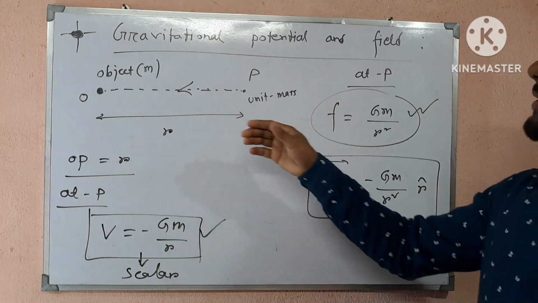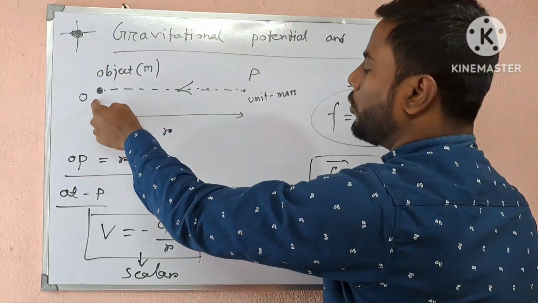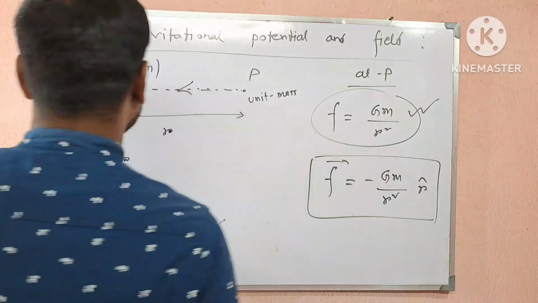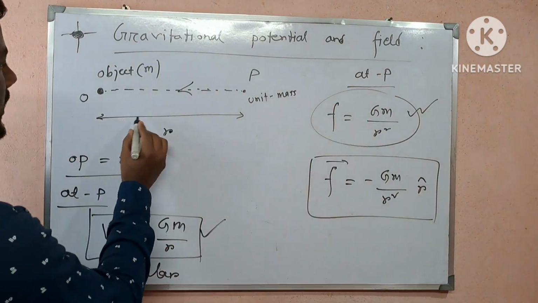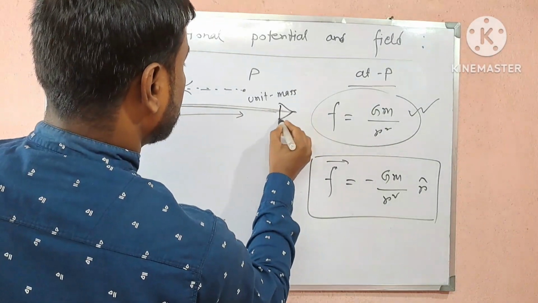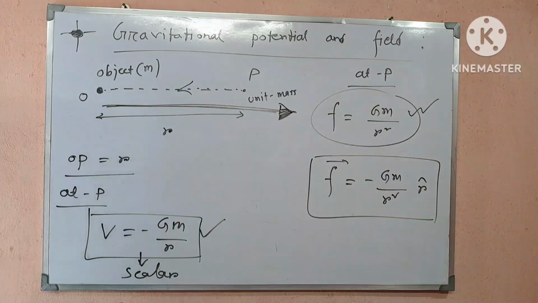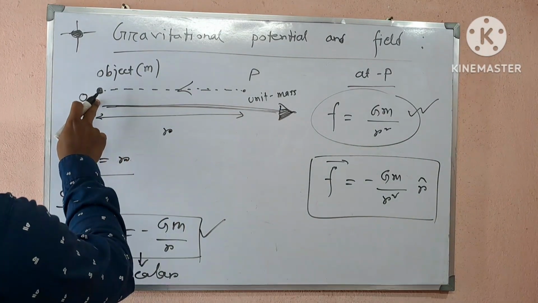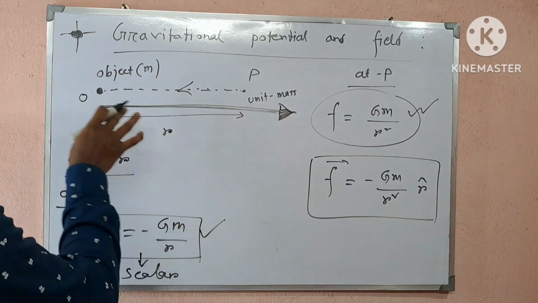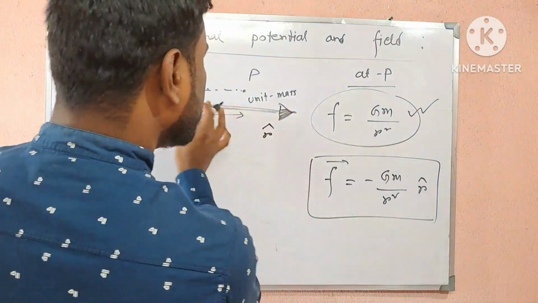And here the distance r is measured with respect to point O. So the direction of the r vector, OP, is this. This vector is r vector because the distance r is measured from the point O. If the r vector is in this direction, then r hat will also be in this direction.